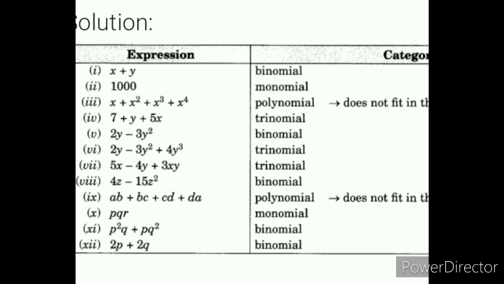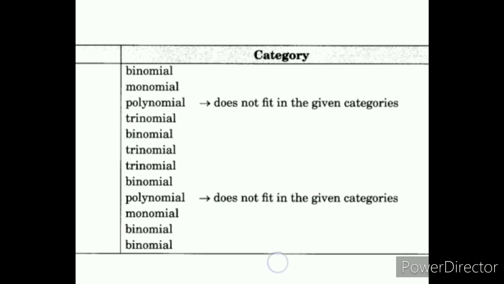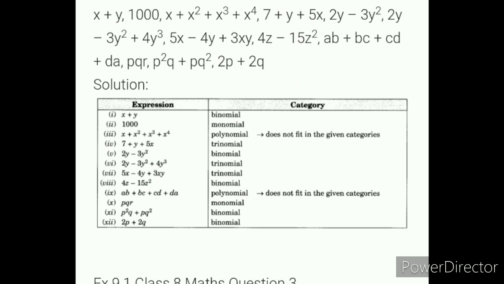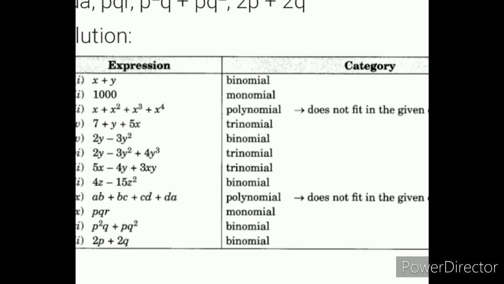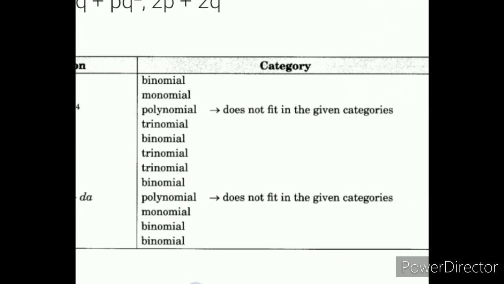So it is a monomial. Next one, there are 4 terms, so it is a polynomial. It does not fit in the given categories, because they are asking to classify the following polynomials as monomials, binomials and trinomials. But this polynomial does not fit in the given categories.